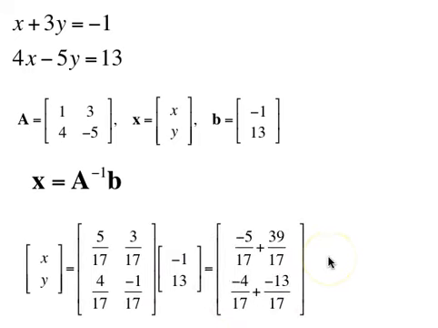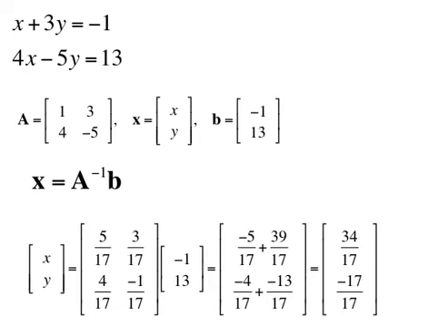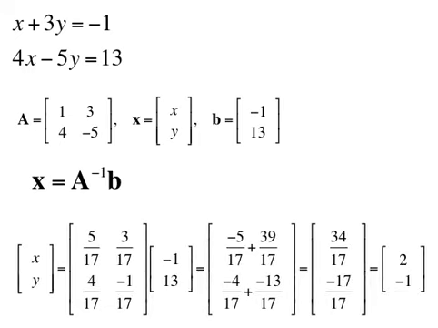And you'll see that these numbers turn out very nice. 39/17 minus 5/17. So you'll notice that these answers both turn out nice. 39 minus 5, 34/17. -4 plus -13, -17/17. Which of course is just going to give us 2 and -1. And let's check that. x is 2, 3 times -1 is -3, 2 plus -3 is -1, check. 4 times 2 is 8, -5 times -1 is 5, 8 plus 5 is 13, check.